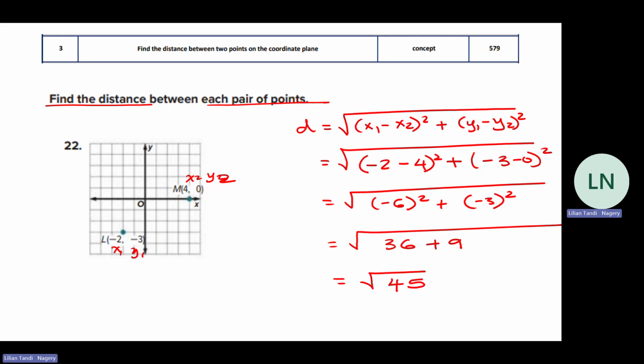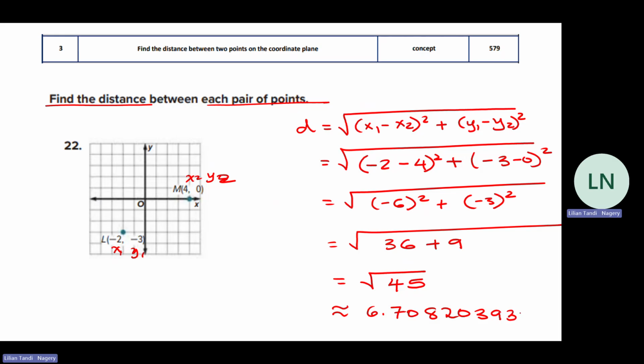Okay, then what is the square root of 45? The square root of 45 on my calculator is approximately 6.70820, like that. Then if the question tells you to round, you should know how to round. So remember, you need to know how to round.